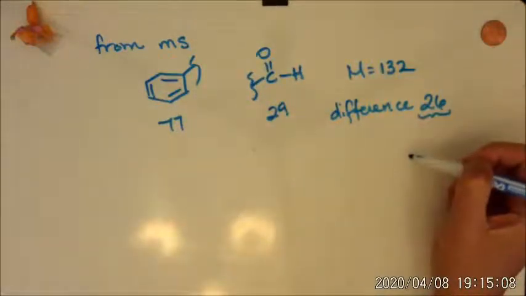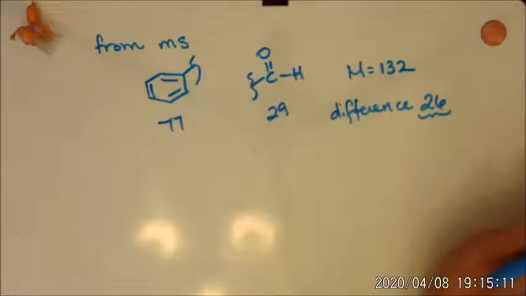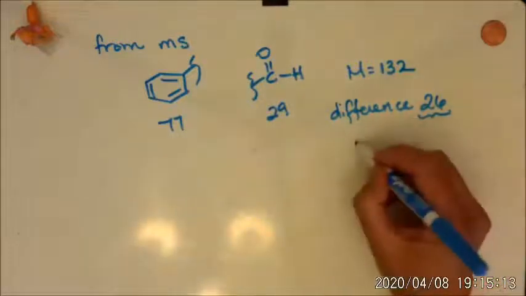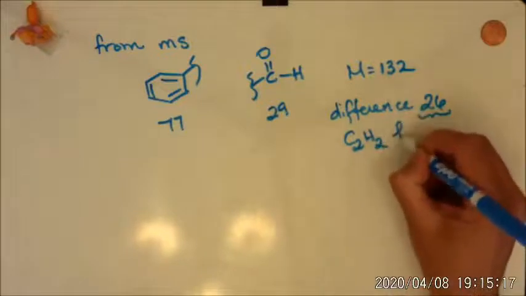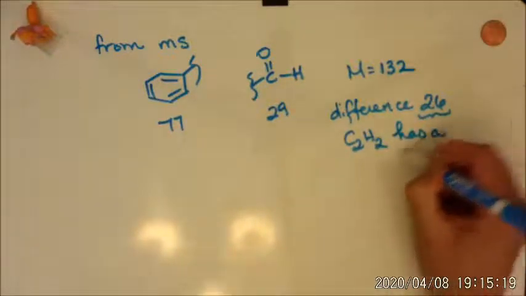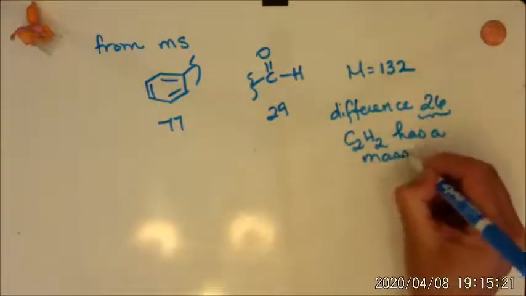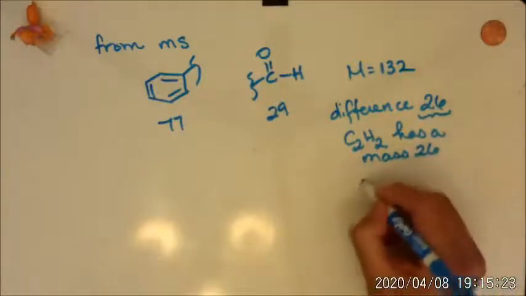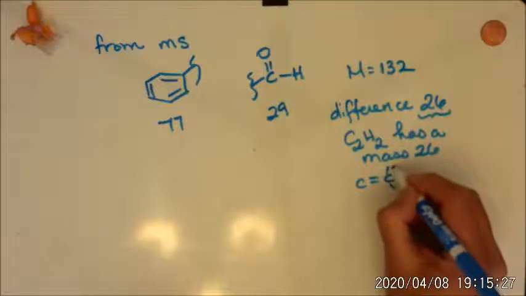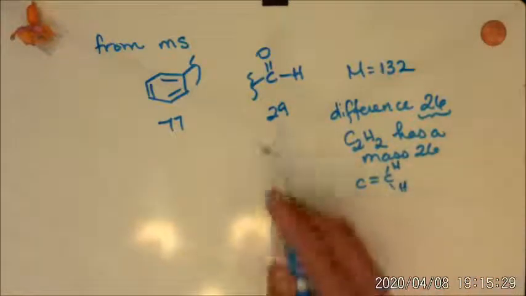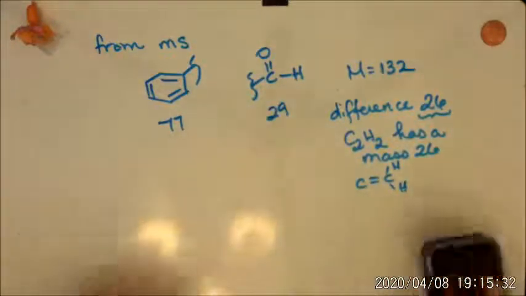So we need something that adds up to 26. Well, carbon and oxygen are 28, so it can't be carbon and oxygen. But just think, a C2H2 fragment has a mass of 26. This means that I have something like this. That makes no sense because I have to attach an aldehyde to it.